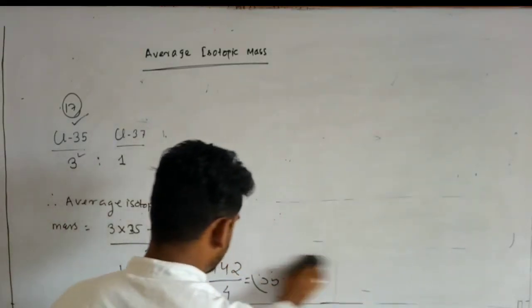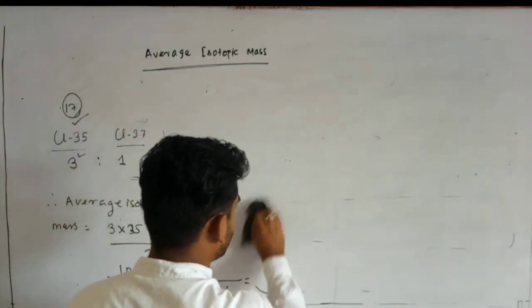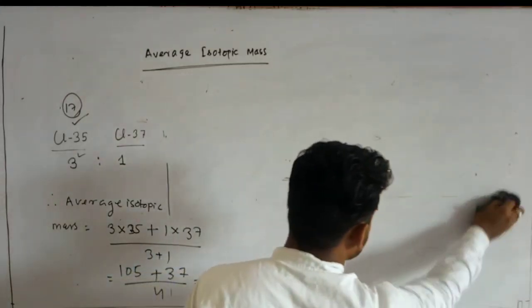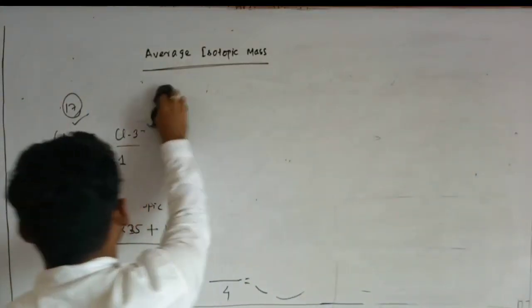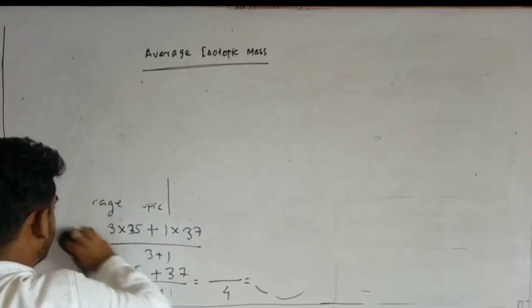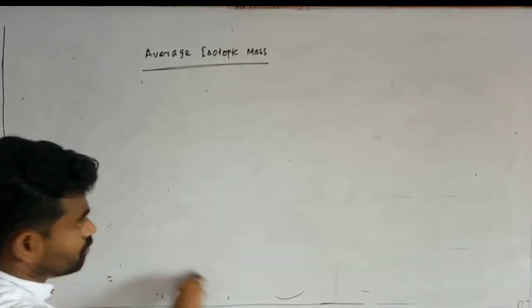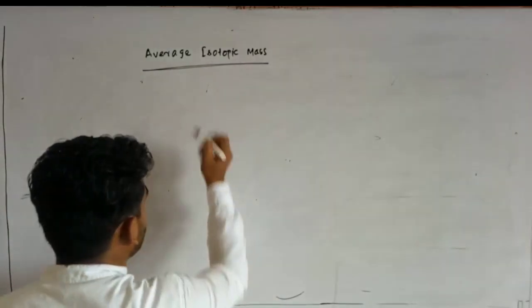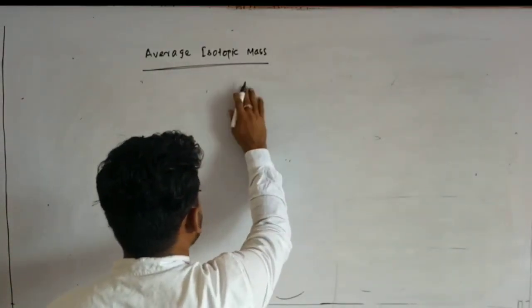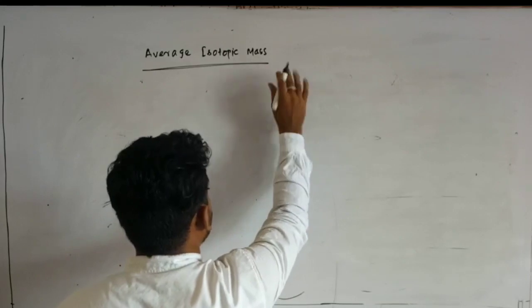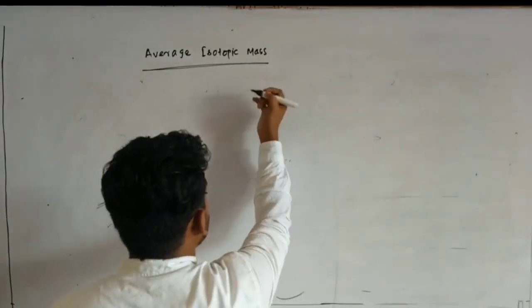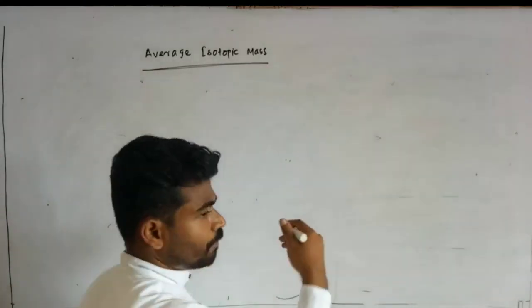Suppose again atoms of two isotopes, again we are considering an element which exists in the form of isotopes. Very important. Let's say that element can be anything. Suppose it has percentage of abundance.